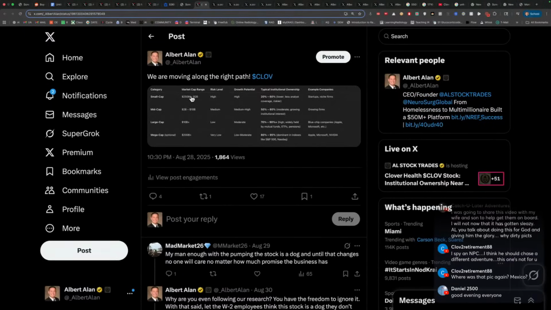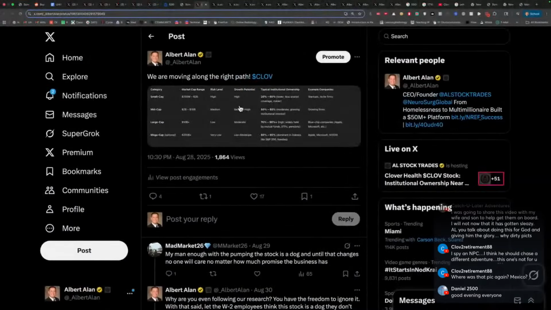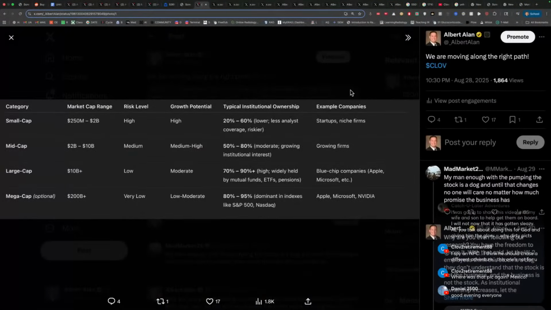Here are a couple of things I want to talk about before we get into the institutional ownership. For Clover Health, right now we're around 40% institutional ownership. If you look at just Class A shares, we're right around the halfway point. In terms of market cap, we're pretty much near the upper end of this.